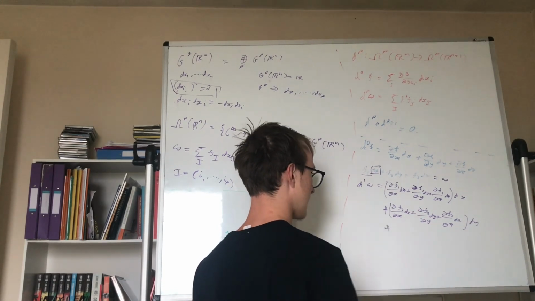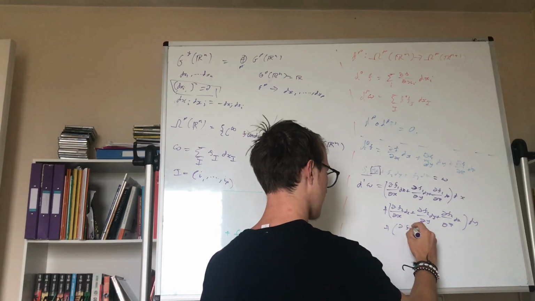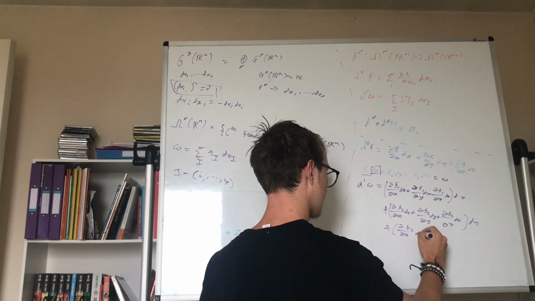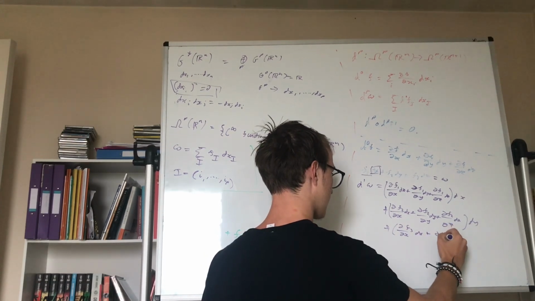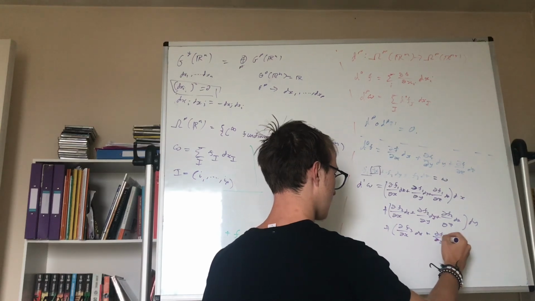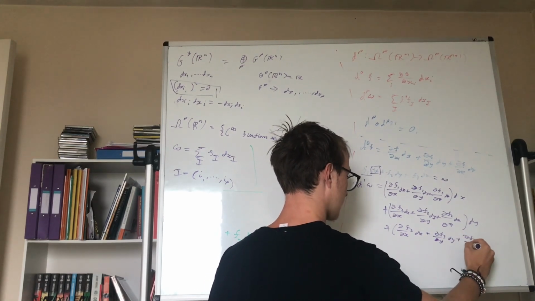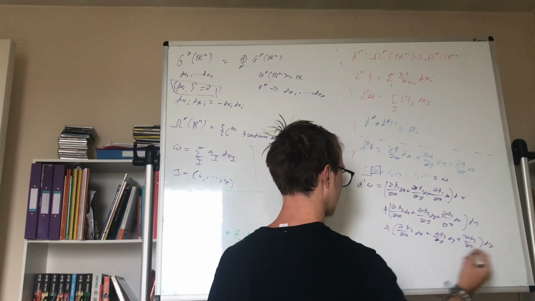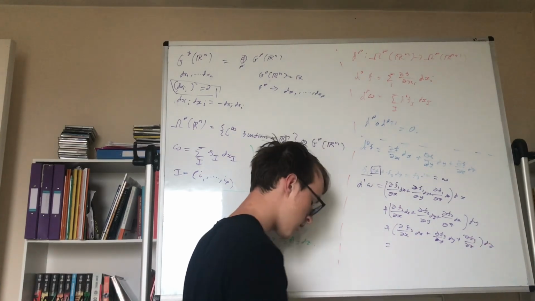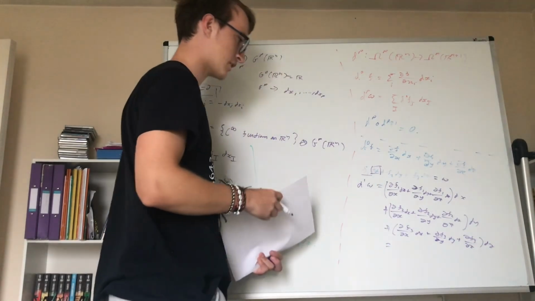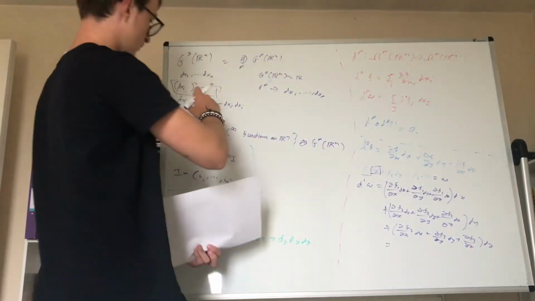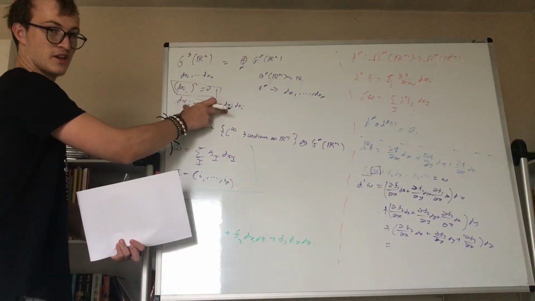And then we add the partial derivative of f3 with respect to x, dx, plus the partial derivative of f3 with respect to y, dy, plus the partial derivative of f3 with respect to z, and then we times that all by dz. And we have to use these relations here.